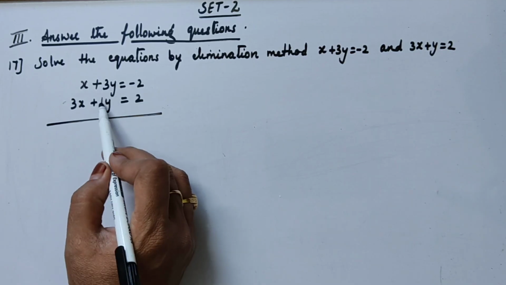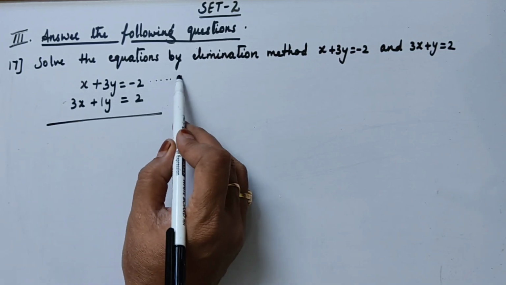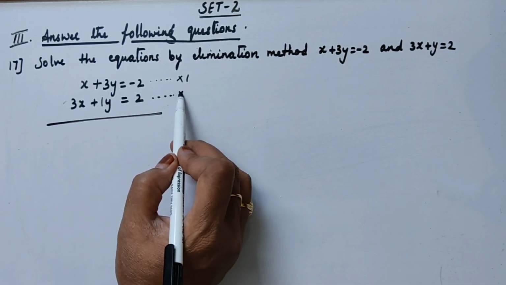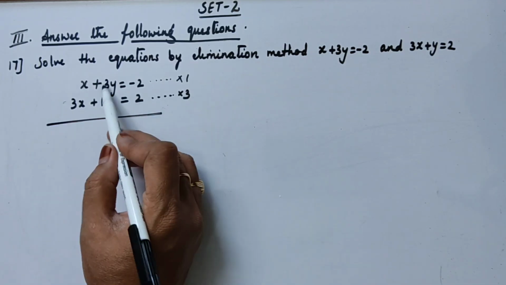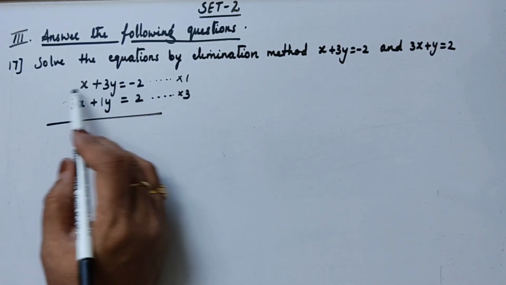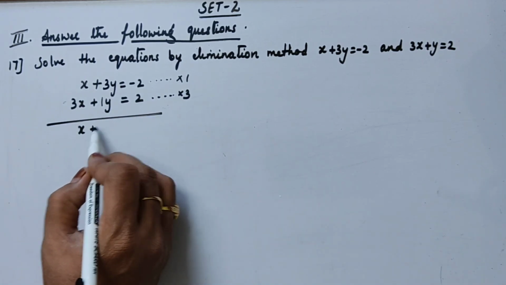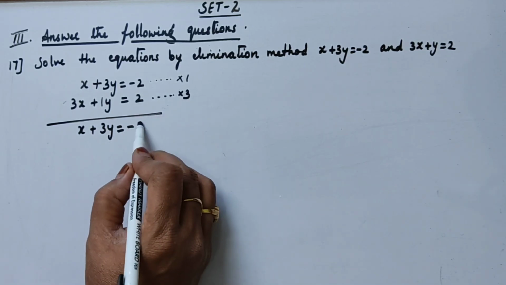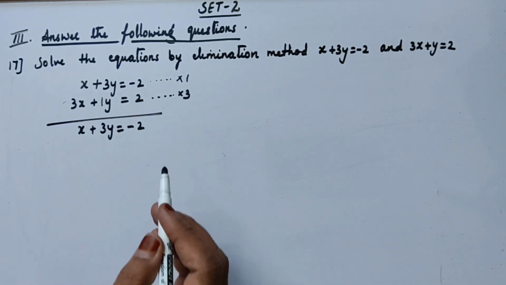We have got 3 and 1. So I'll take this, I'll multiply this one with 3 here. Okay. So that I can get equal coefficients of y. 1 into x is x plus 3 ones are 3y equals to minus 2 ones are 2. Here with 3.